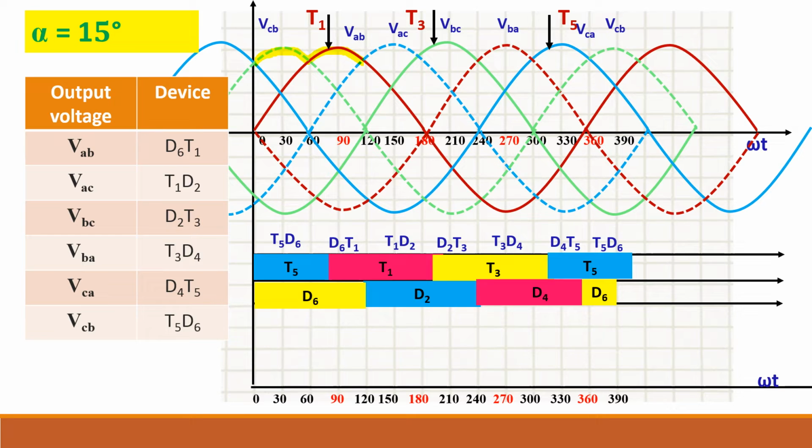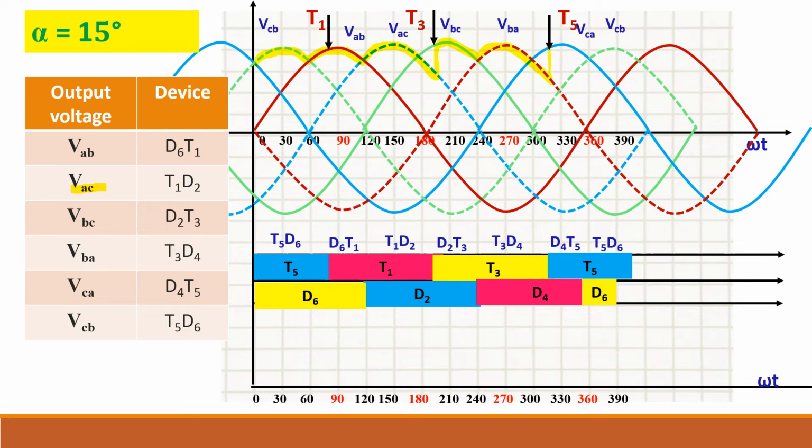After that you have T1 and D2, so the output is VAC. Till which point should you follow VAC? Till this point, then keep it till this one.